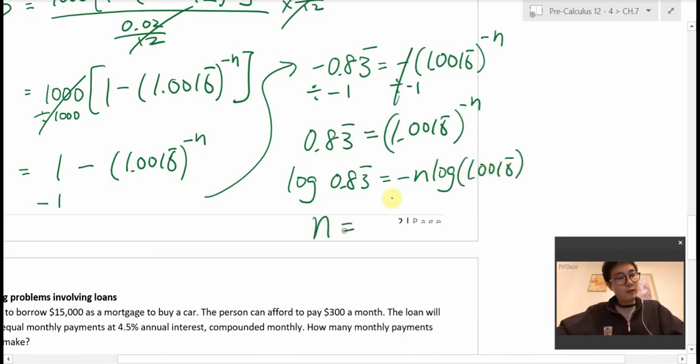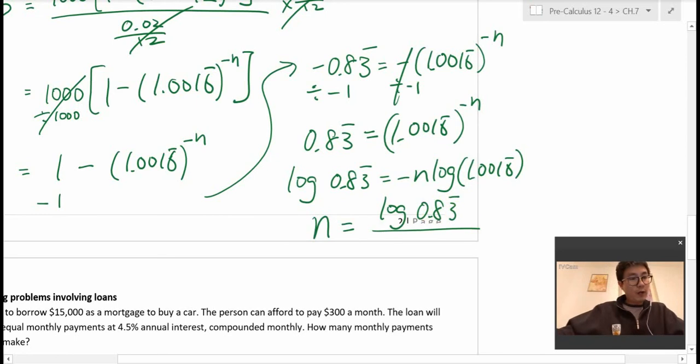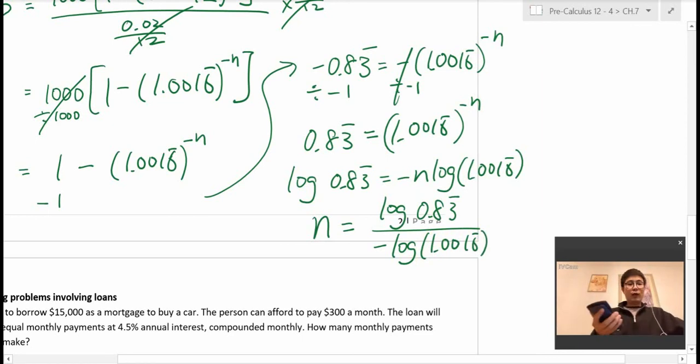Therefore, n is going to equal log 0.83 divided by negative log 1.0016 repeating. Okay, so I'm going to put this into the calculator. So log of the answer divided by bracket negative of log 1.0016.